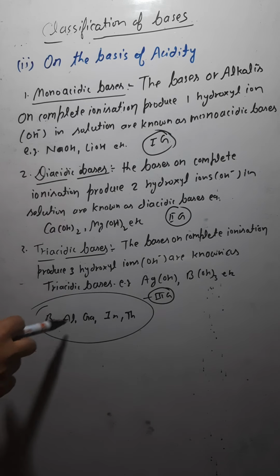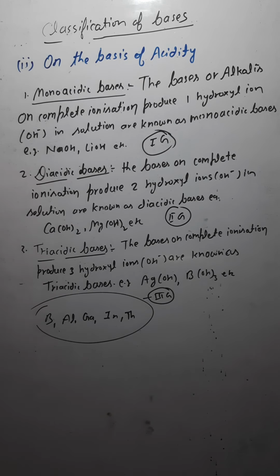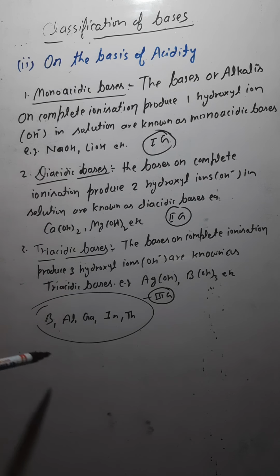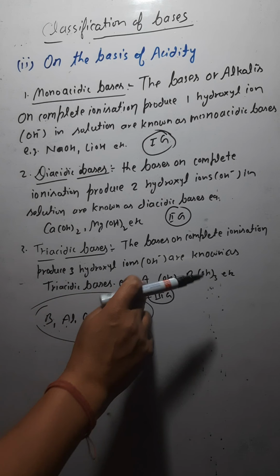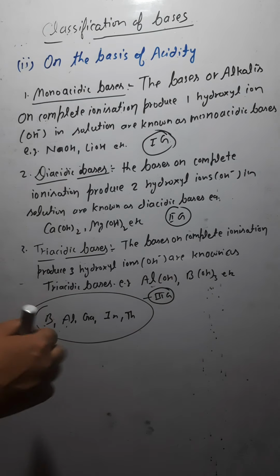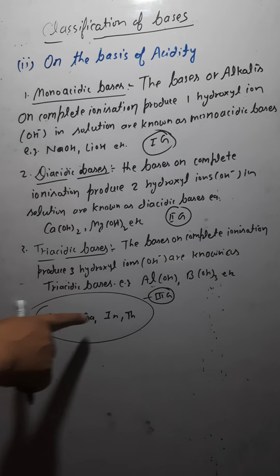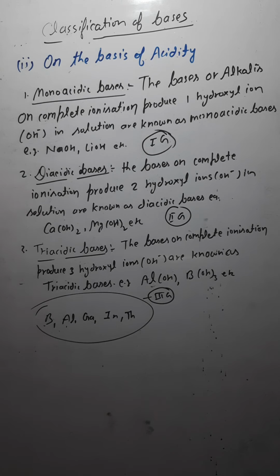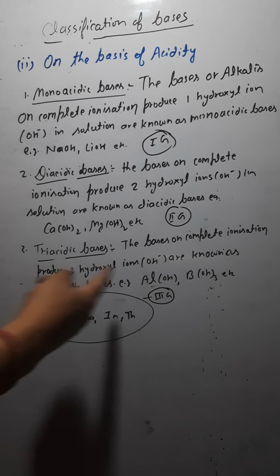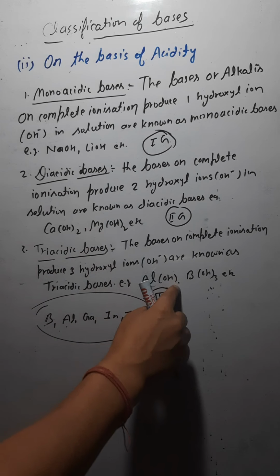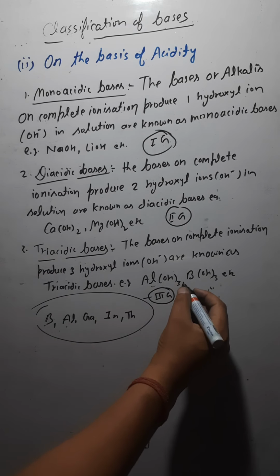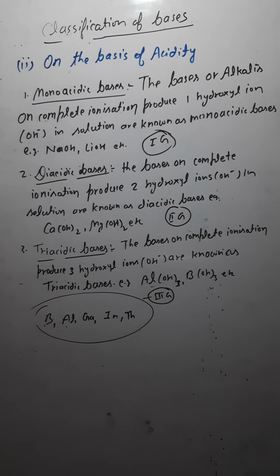So the bases formed by all these elements would be the triacidic bases, like boron hydroxide, like aluminium hydroxide. Sorry, this would be aluminium hydroxide. So the bases formed by these elements would be triacidic bases, because they would give three hydroxyl ions in their aqueous solution. Are you getting it or not?